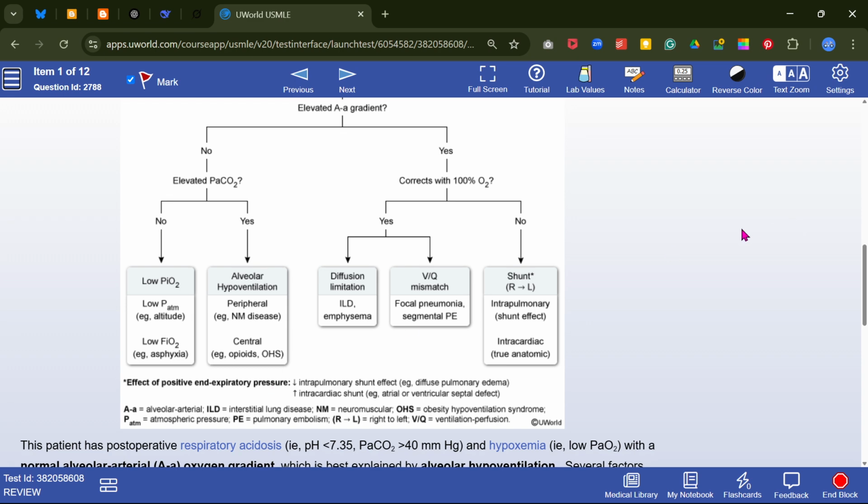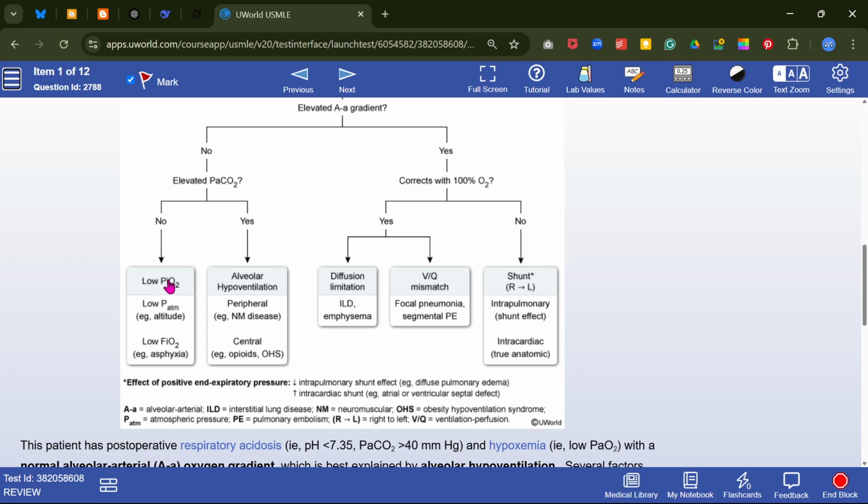If PaCO2 is not elevated, no, then think about low inspired oxygen.